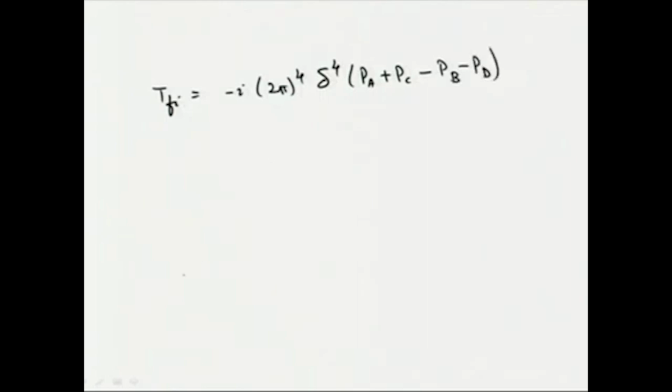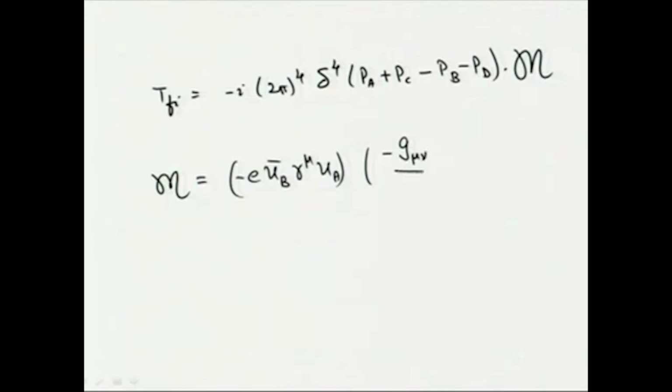So we can write T f i as minus i (2 pi) to the power 4 delta of (p a plus p c, the sum of the initial momenta, minus p b minus p d, the sum of the final momenta) into an invariant amplitude M, equal to minus e u b bar gamma mu u a, propagator factor g mu nu over (p a minus p b) square, and minus e u d bar gamma nu u c.